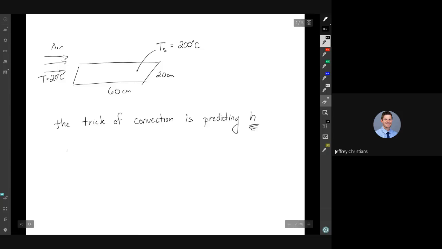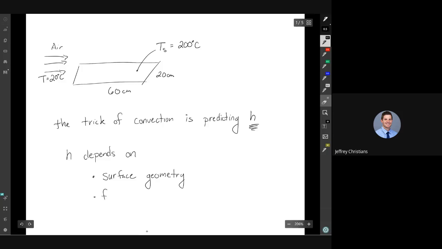So H depends on a number of different things. It depends on the surface geometry. So for example, if our pancake griddle is perfectly smooth, or if it's rough, or if it's flat, or if it's curved, or like a circle, or whatever funny shape it is, all of those things are going to change it.